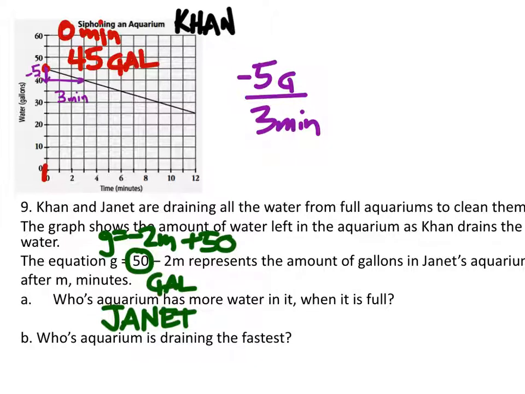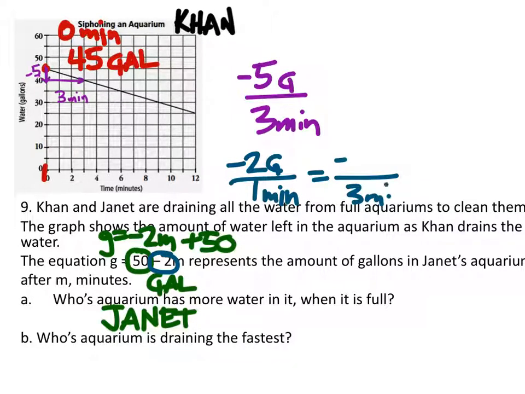Whereas Janet, hers is negative 2, which would be draining 2 gallons every 1 minute. Now if we want to compare these straight across, that means that in 3 minutes, Janet would have drained 6 gallons. So, whose aquarium is draining the fastest? It appears that Janet's is as well. So she starts with more water in it, but then hers drains the fastest.